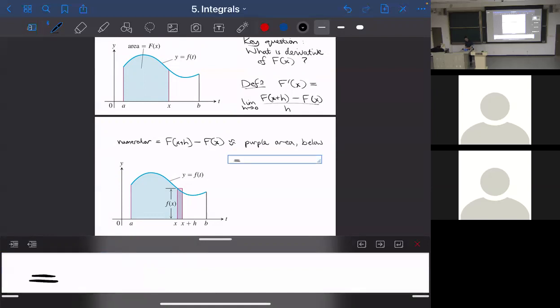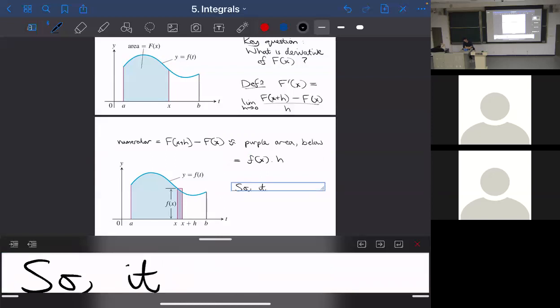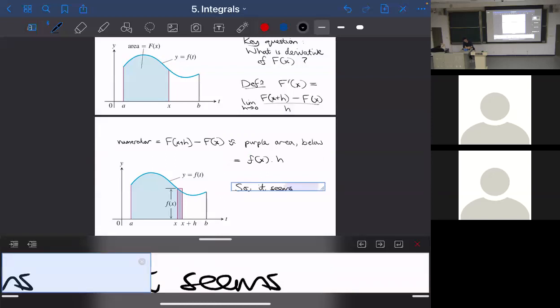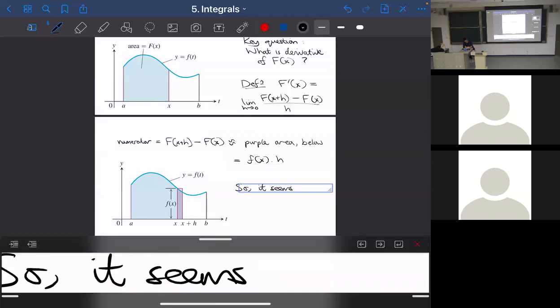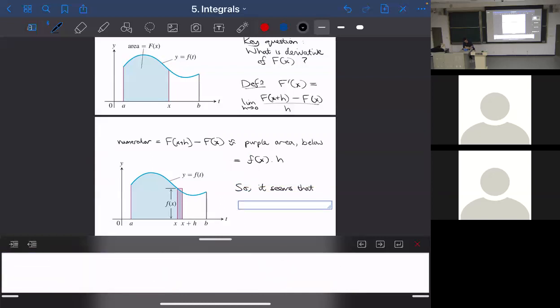And that is a box of f(x) and width h. So it seems that the limit is h goes to 0.